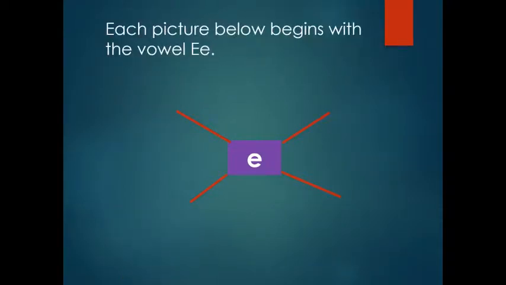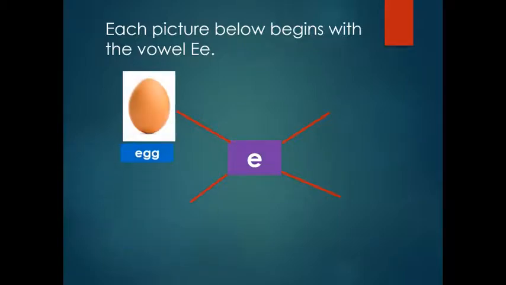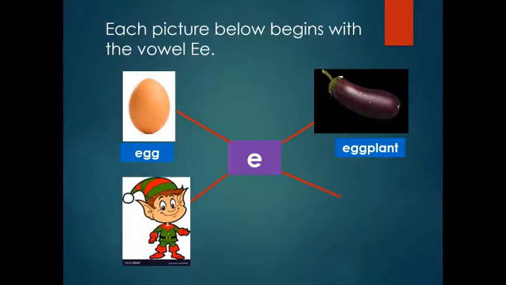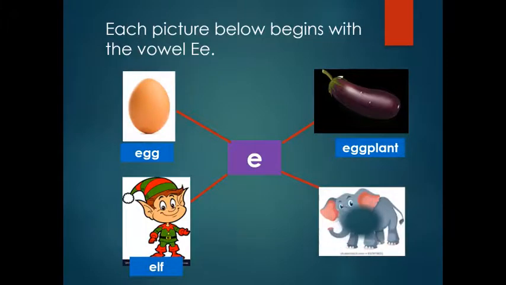Each picture below begins with the vowel E. The sound is E. Egg, eggplant, elf, elephant.